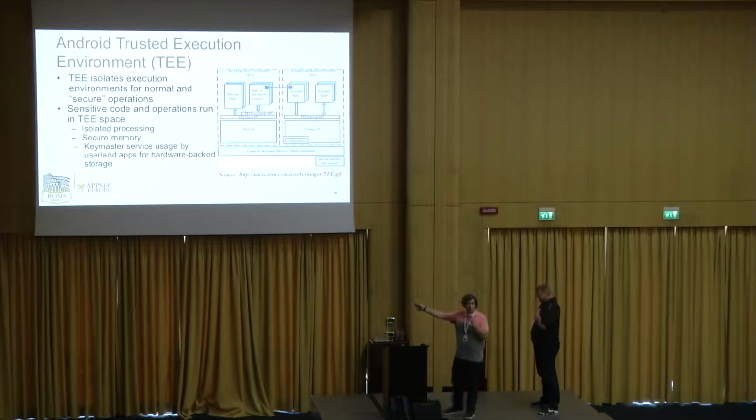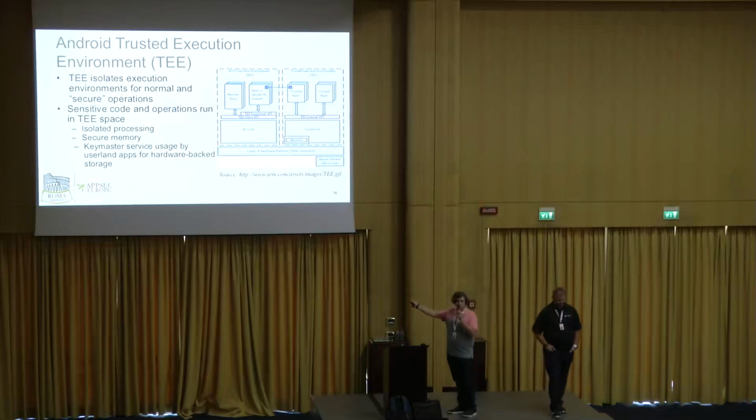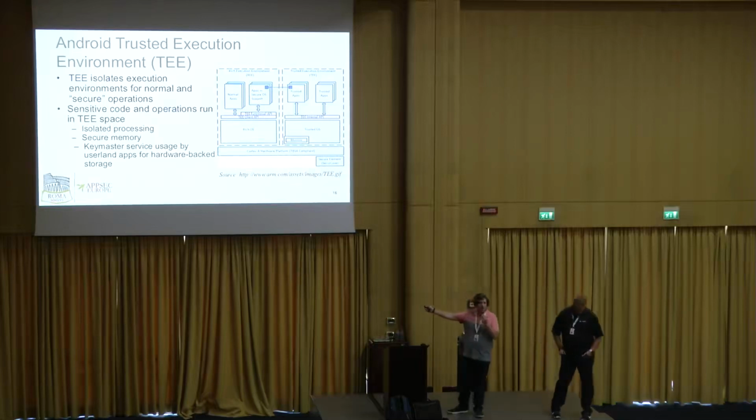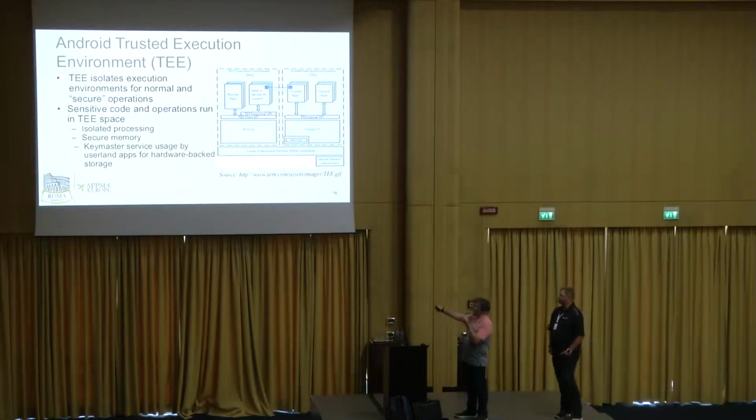Think of your Angry Birds and applications like that. They're going to run here, right? You're generally not going to run Angry Birds inside of the trusted execution environment. So within the trusted execution environment, you're generally going to be running native code. It's a little bit different in terms of memory access. So in theory, an application running here is never going to be able to touch the memory here.